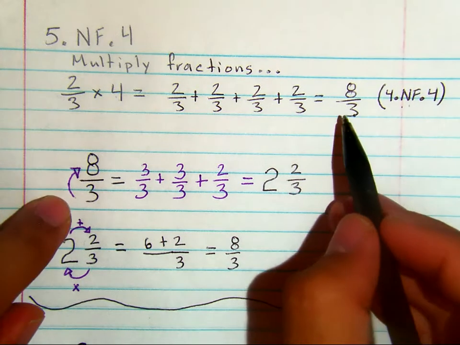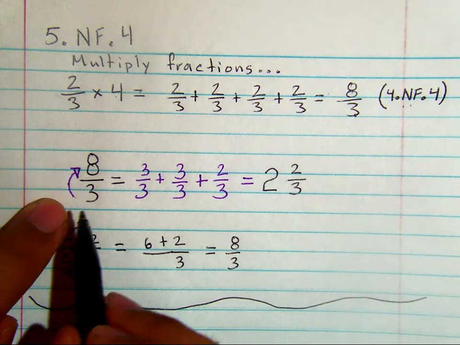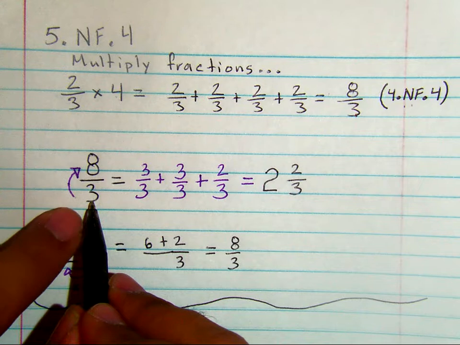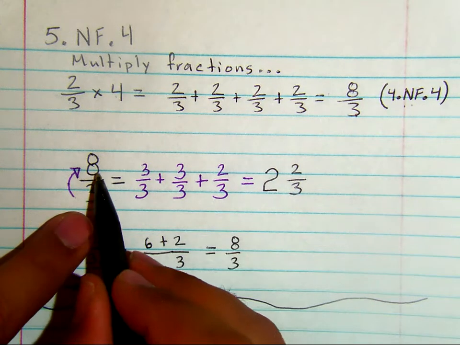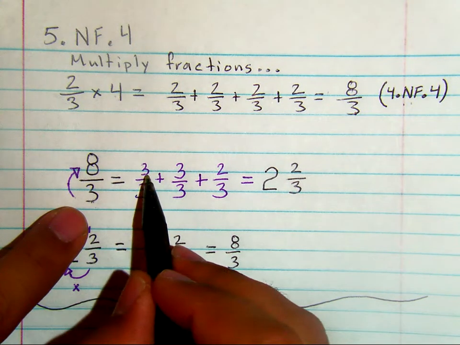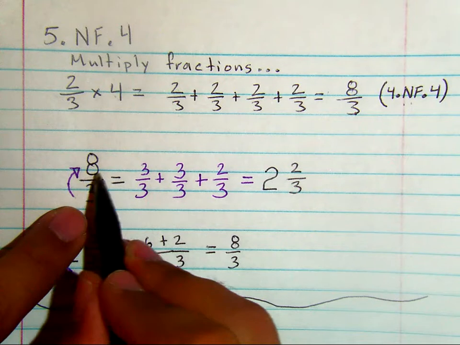Now, there's a little more to it. You can really dig into that 8 thirds and start to discuss what 8 thirds actually means. You can see how if you have 8 thirds, well, you only need 3 thirds to make a whole. So how many wholes do you end up with in this answer?